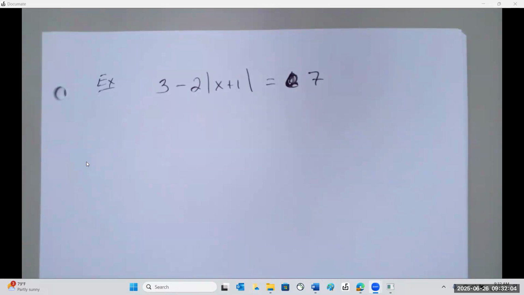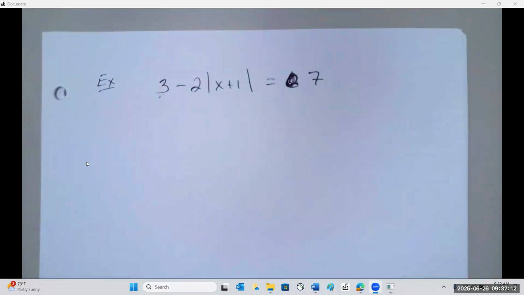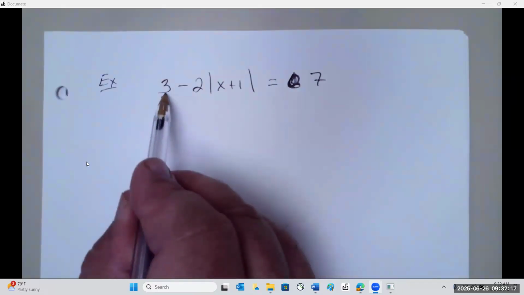So what's my first step? What do you get rid of first? The 3, because it's not physically touching the absolute value. This is a constant, get rid of it.